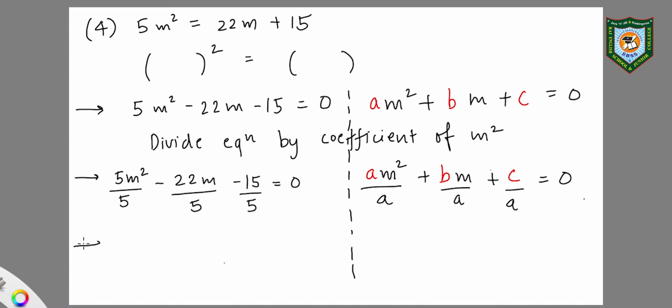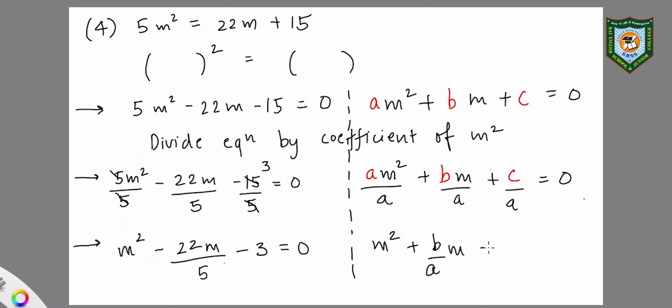On the left hand side, we can simply cancel out 5 and 5, and 15 divided by 5 is 3. So I am left with m square minus 22m by 5 minus 3 is equal to 0. And on the right hand side, I am left with m square plus b by a m plus c divided by a is equal to 0.